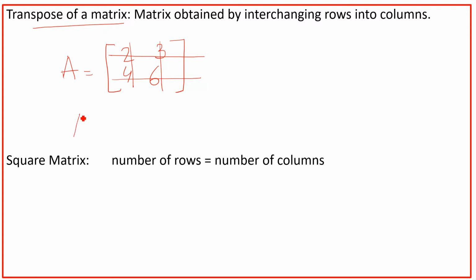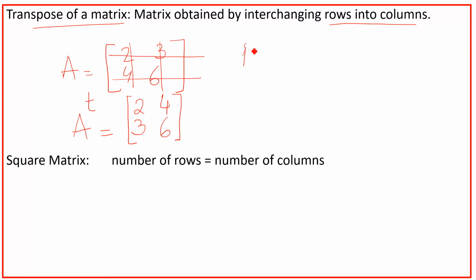A transpose, or sometimes people also say A dash, both are the same, is obtained by interchanging rows into columns. See, this is the row 2 3, make it a column. Second, 4 and 6 is a row, make it a column. So this is the A transpose.